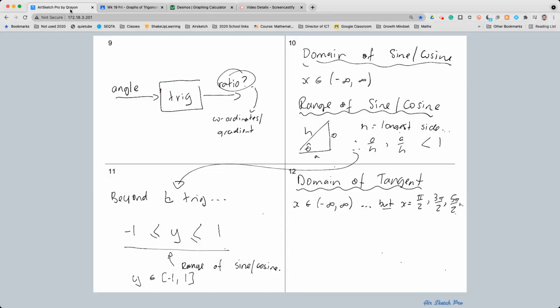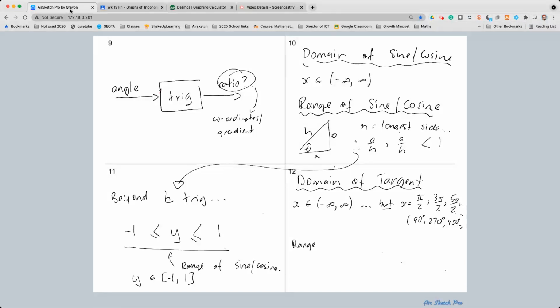So we're adding pi each time. Etc. So there is a hole in our graph at each of those little steps there.